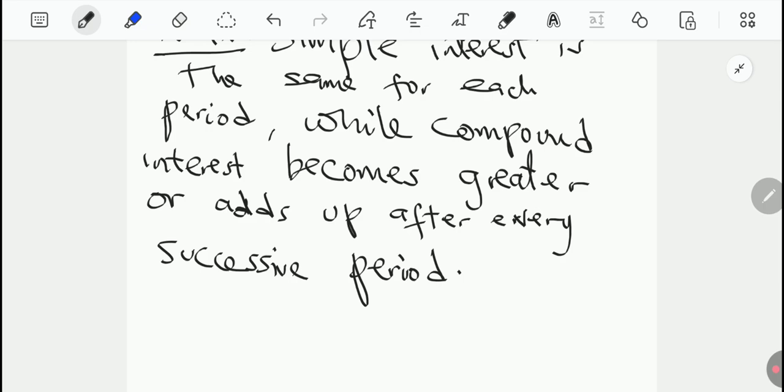So after every, maybe first year, second year, things keep on adding.